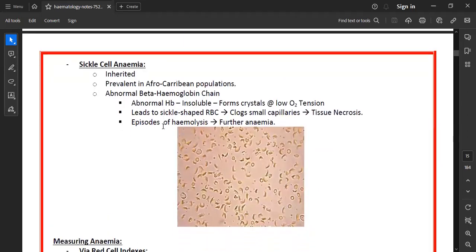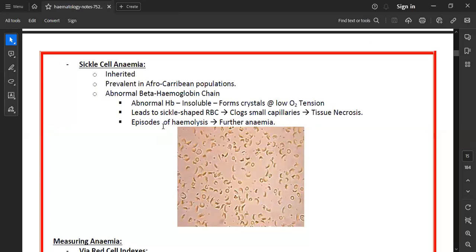The other type of anemia is sickle cell anemia. It is an inherited disease that is most common in Afro-Caribbean populations. It's caused by abnormal beta hemoglobin chains. The abnormal hemoglobin is insoluble and forms crystals at low oxygen tension. This leads to the characteristic sickle shape of the red blood cells.